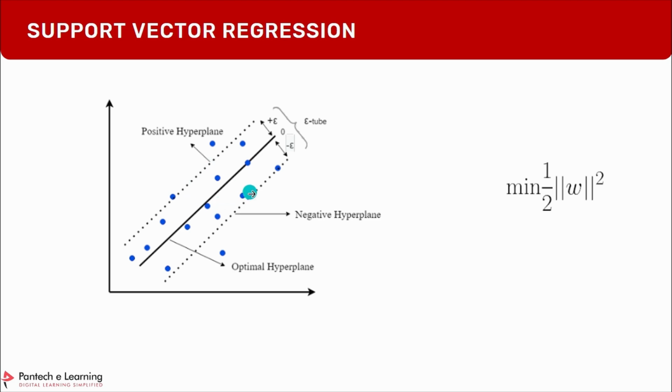So which orientation or which value of W, see here once again, y equals mx plus c, the m and c values. When you have it, whichever fit gives you most of the points inside this epsilon tube, that will be the best fit.